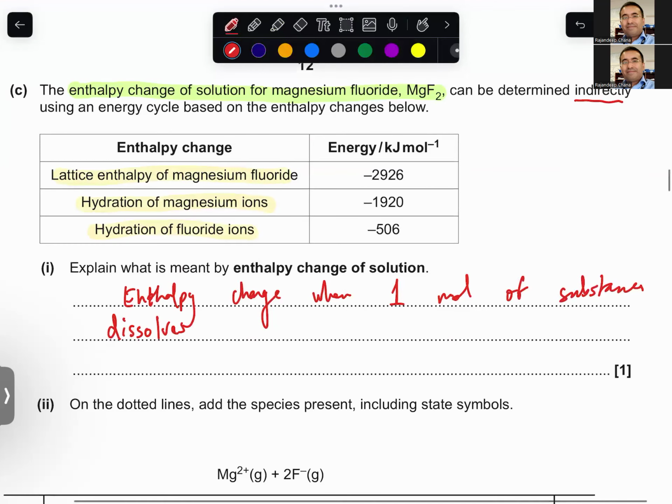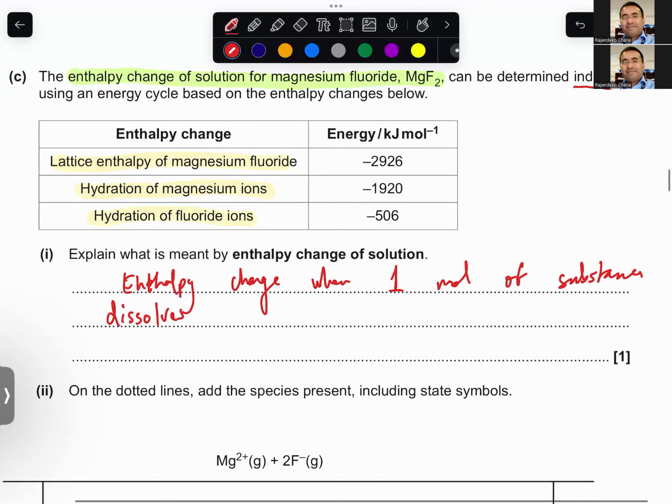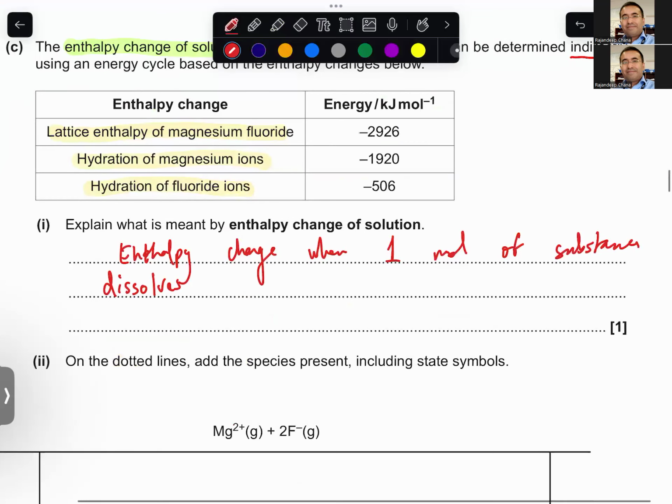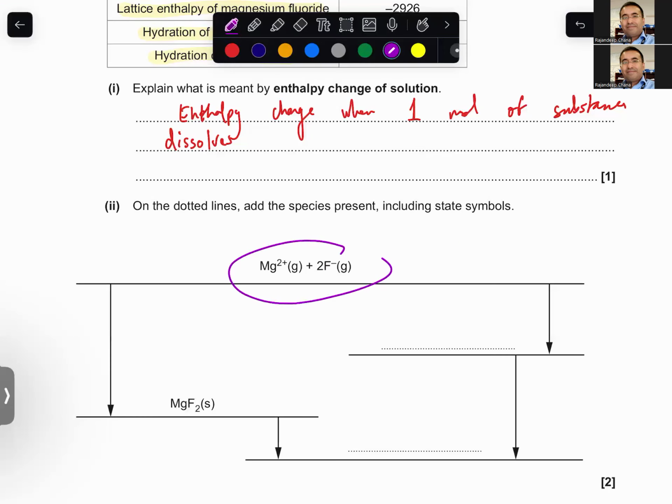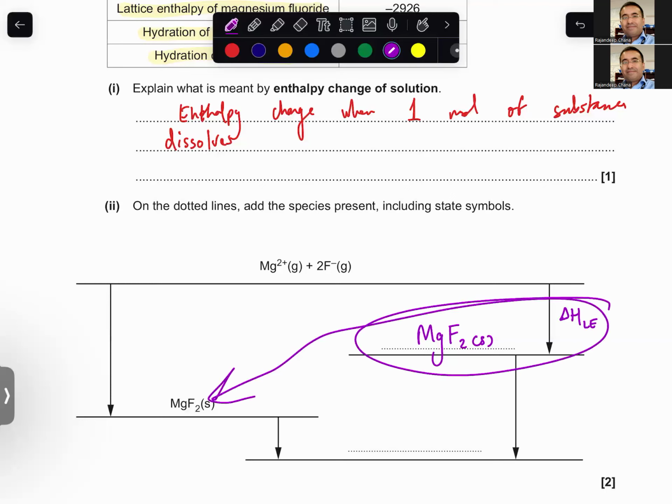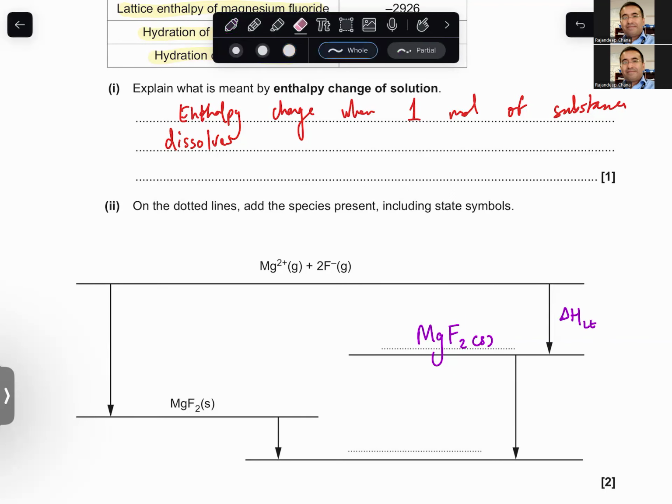Moving on. On the dotted lines, add the species present. You see, if we look over here, you've got gaseous ions. And gaseous ions, when they react together, they're going to form the ionic solid. This change from there to there is going to be your lattice enthalpy. Oh, I didn't realize it's the other side already. Oops, I didn't see that. Let's rub this off. It's already done.